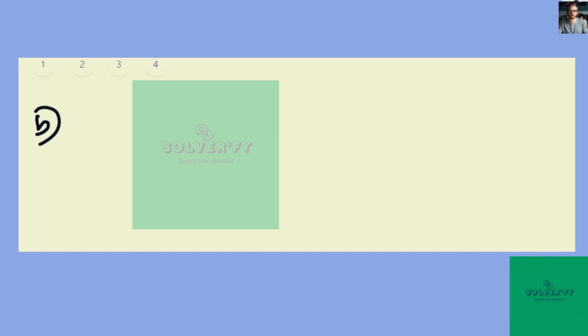Now for the second one, the same way, we have the empirical formula C2H4O.